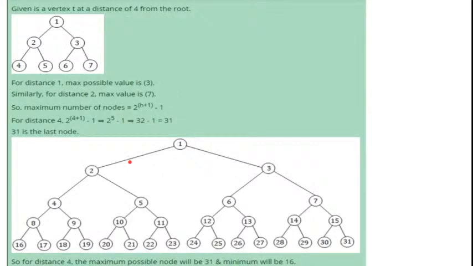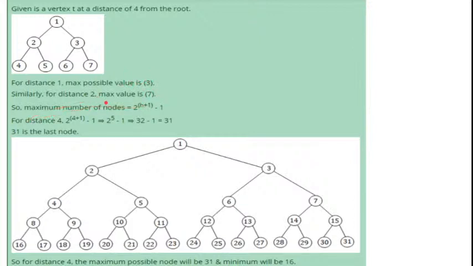So the vertex t is at a distance of 4 from the root. From distance 1, the maximum possible value is 3.